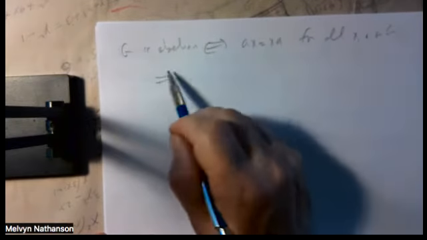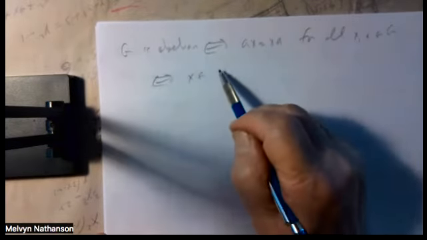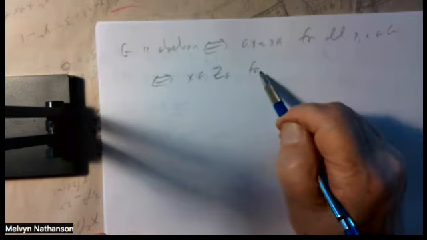It means that AX equals XA for all X and A in the group, which means X is in the center for all X in the group, which means G is equal to the center. So a group is abelian if and only if all elements commute. So every element is in the center. So the center is the whole group.